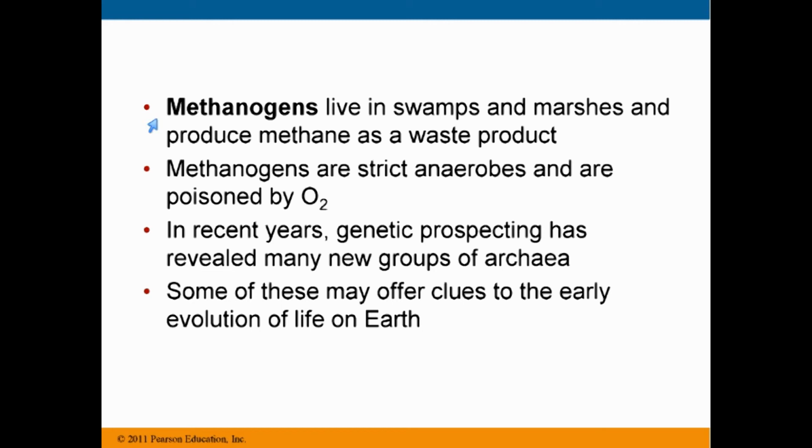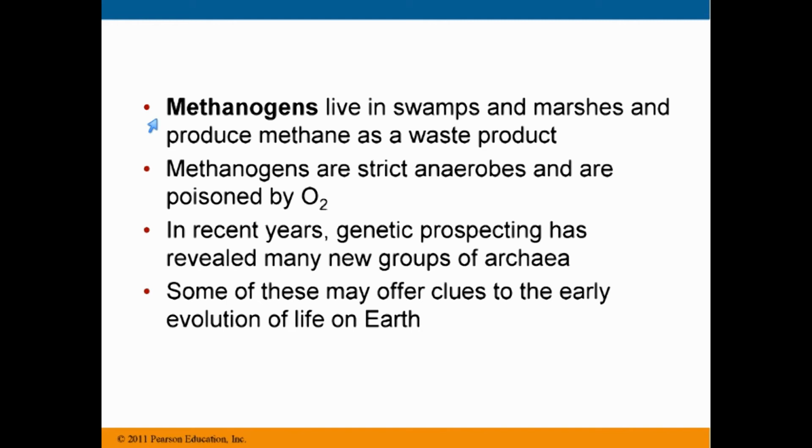Methanogens are a type of prokaryote found in the Archaea. These guys live in swamps and marshes and produce methane as a waste product, so very smelly. They're anaerobes, and they can't live in the presence of oxygen.